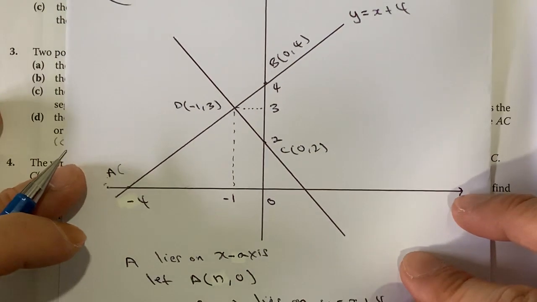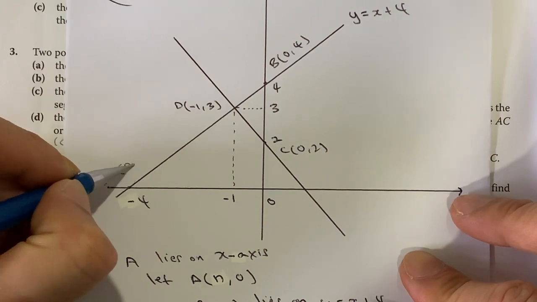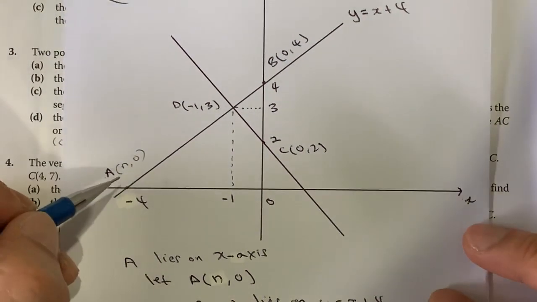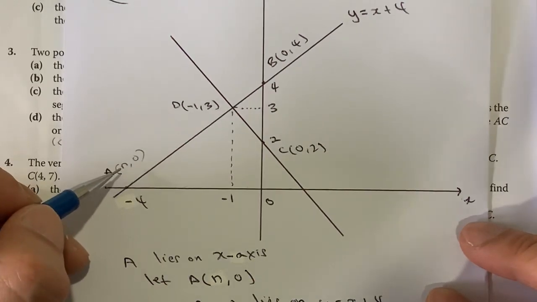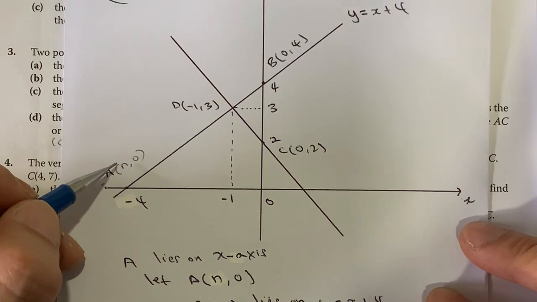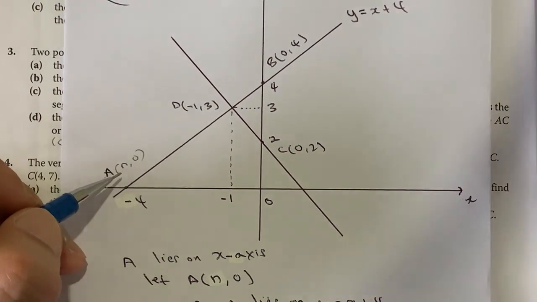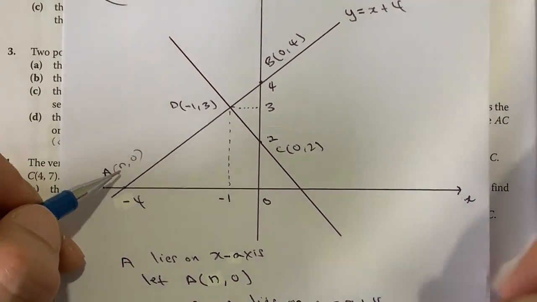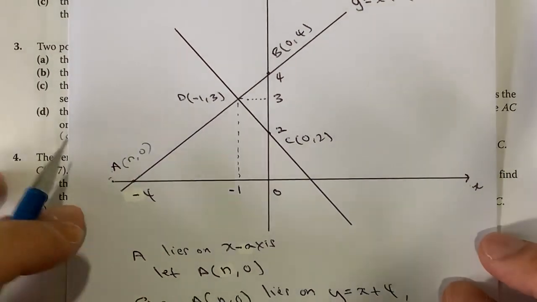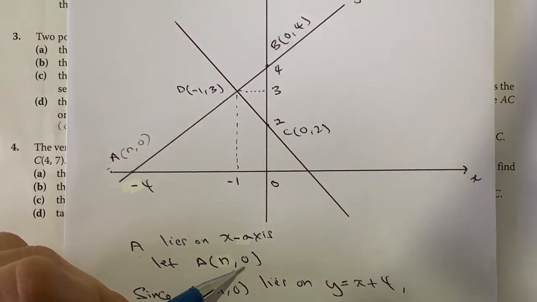Because I have no idea yet what the value is, I am going to replace this with n, 0. Something, 0. You can choose other letters if you want, but I've already used K. I've used M just now, so I'm just using N. You can use T, S, V, whichever letter you want. So I'm letting A be n, 0.